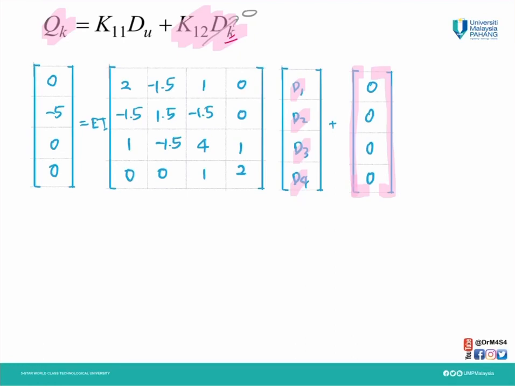And this matrix size is 4 by 1. You can use simultaneous equations, or you can use row matrix operation, and we will get our values.